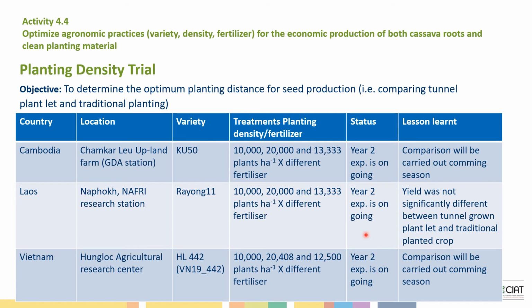We have got some indication that in some cases there could be some differences, and in some cases there may not be any difference in yield. But we also need to test whether highly dense planting material has different vigor or not in the following season.